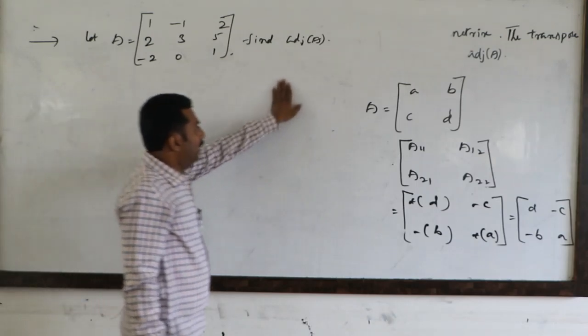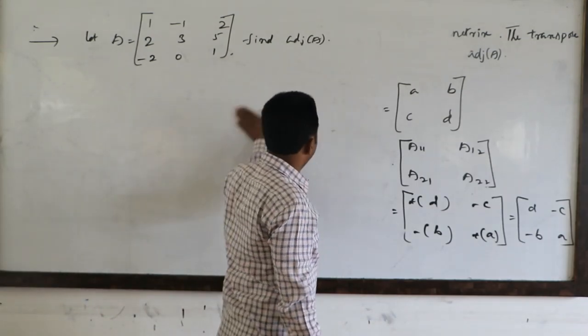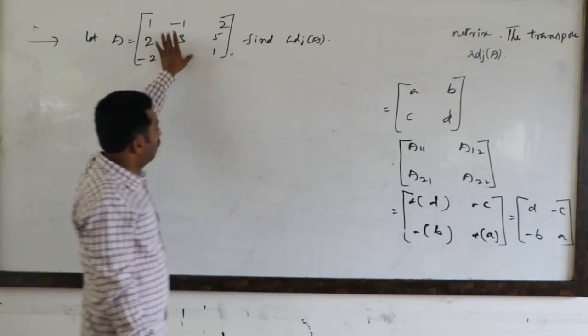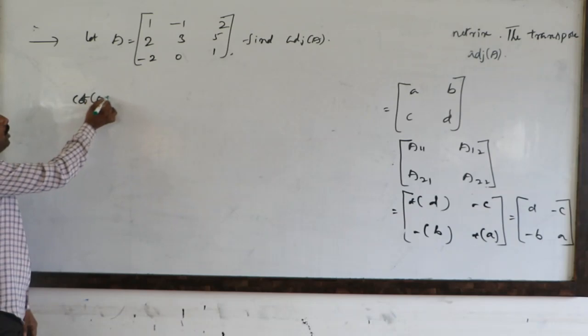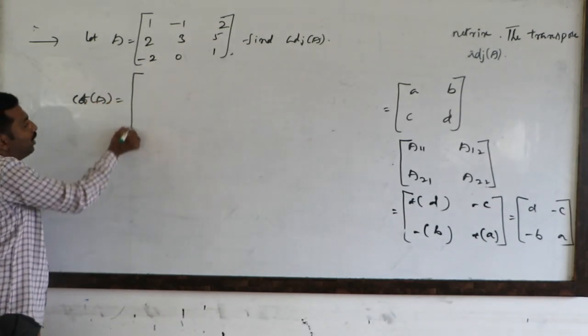So before calculating the adjoint of A, we should know what the cofactors of these elements are, nothing but the cofactor matrix we have to write. So what are the cofactors?